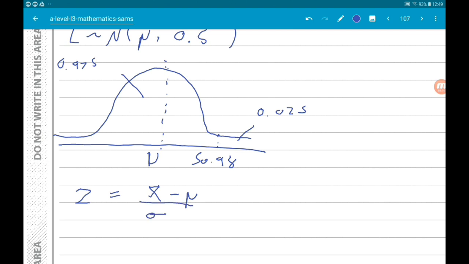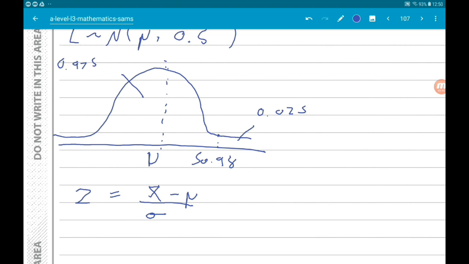Now, we know x bar is 50.98. We know sigma is 0.5. What we need to find is z. So we can do this on our calculators. There is an inverse normal function.